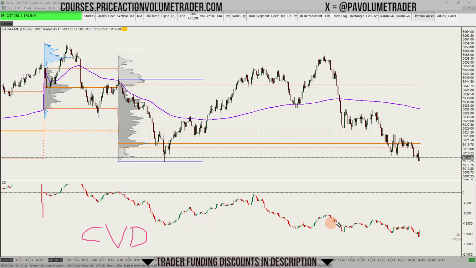So what this is measuring is, for every candlestick on your main chart, there's going to be a corresponding candlestick formed on the CVD. And this is measuring the aggressiveness of buyers and sellers. This is showing us executed market orders to buy or to sell.